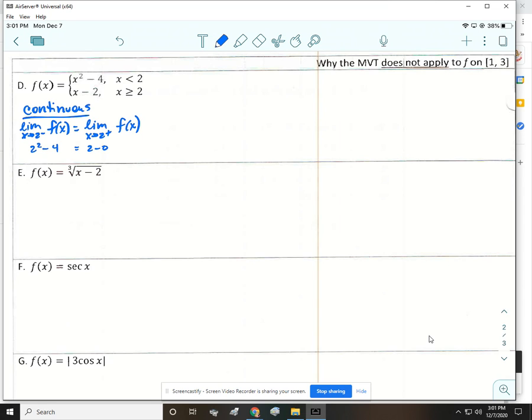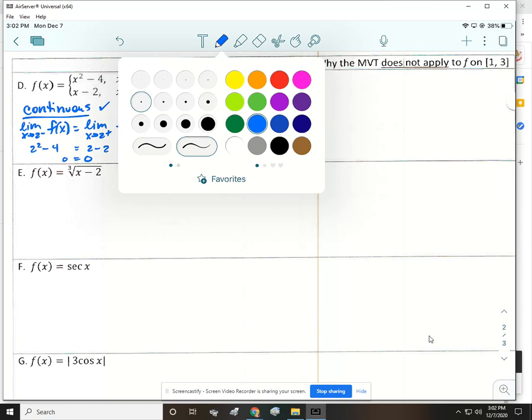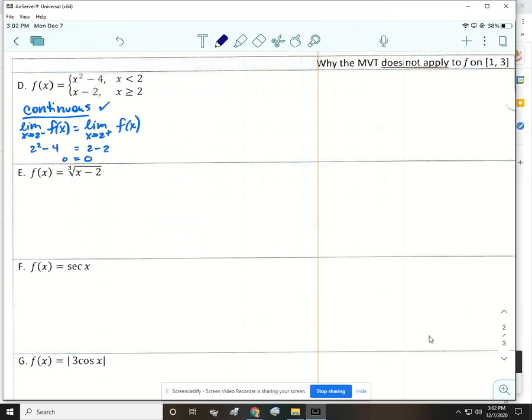All right, so we do get 0 equals 0. So the function is continuous on the interval from 1 to 3. All right, and then we'll determine if the function is differentiable on that interval.